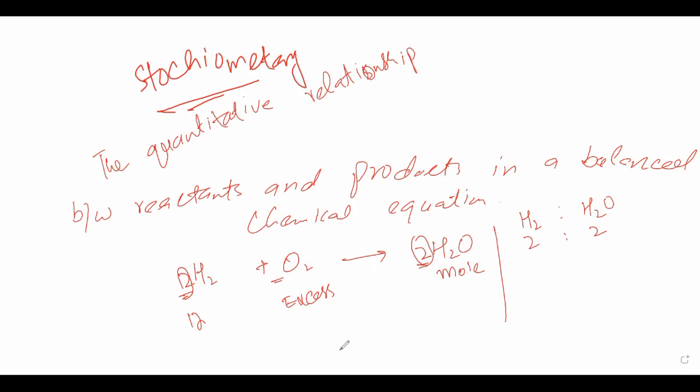Next, if you have 12 moles of hydrogen, what will be the amount of water produced? X. This is called the quantitative relationship between the reactants, which are these, and the products, which are these. Now the relationship between the reactants and products we can find out, and this is quantitative, we can calculate.